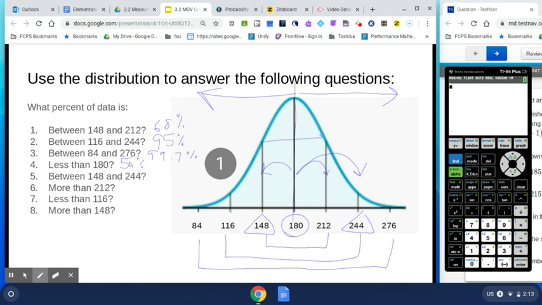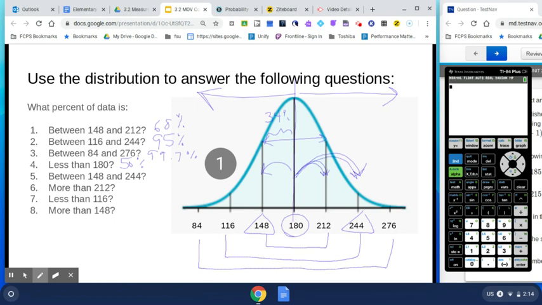But let's just think about this left side. So I'm going to take that 68% and cut it in half since, again, we're just dealing with the left side right now. So half of 68 is going to be 34% of data. Now let's think about the right side. The right side is 2 standard deviations out.